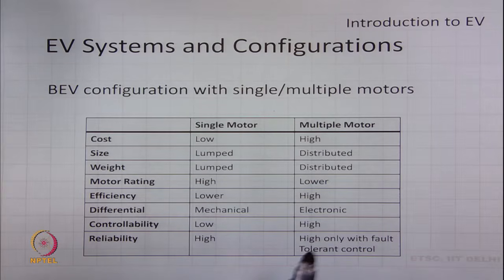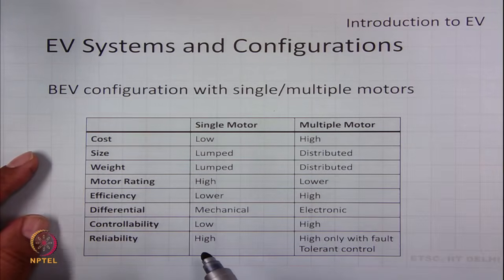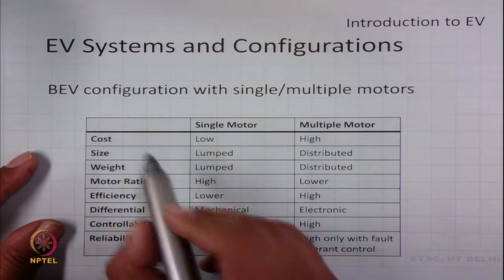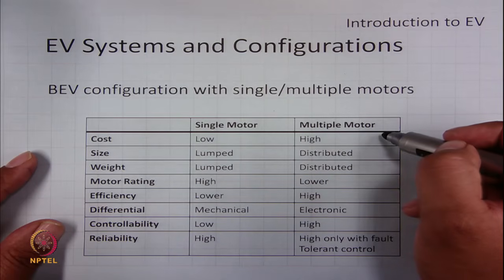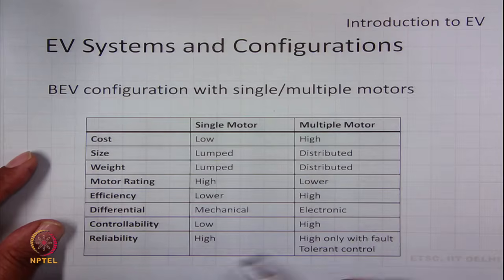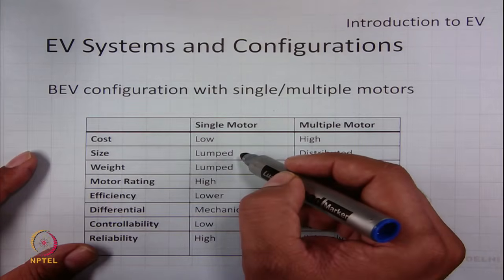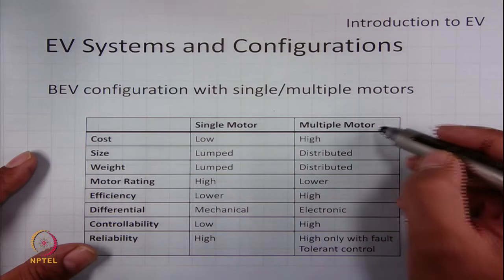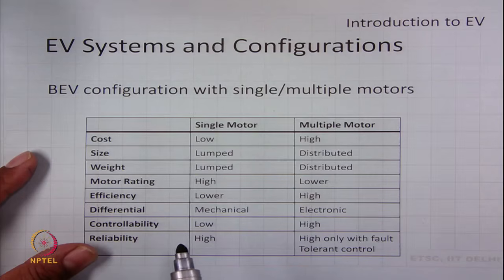So, if we try to elaborate the differences of these two types of motor configurations, we will see that if you talk about cost, the multi-motor definitely will be higher cost because it requires two motors. So, in single motor the size is lumped, which is single, but in multiple motors it is possible to distribute the mechanical requirements.